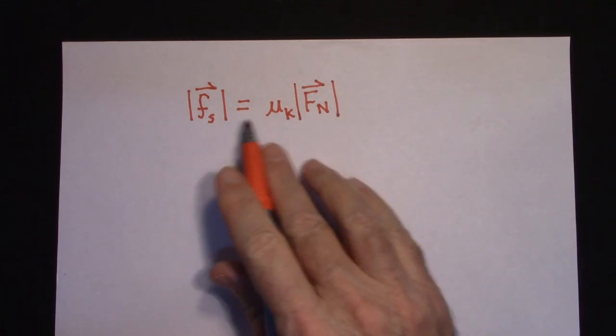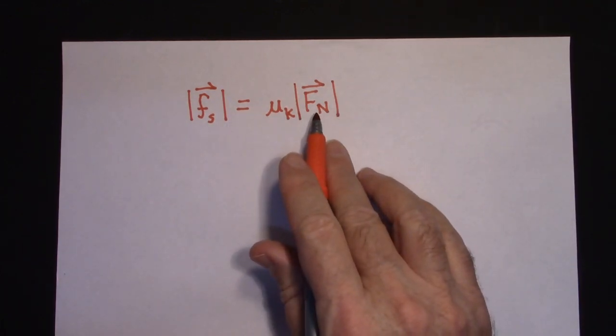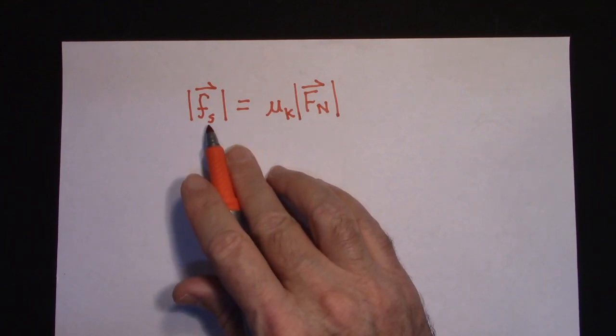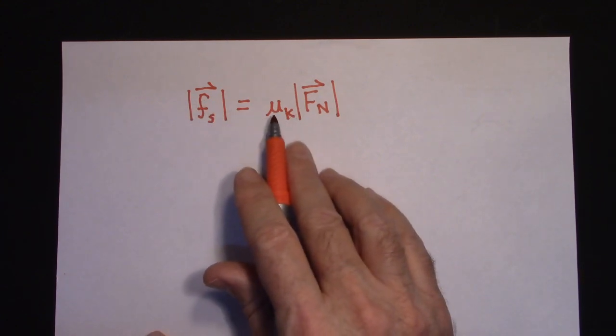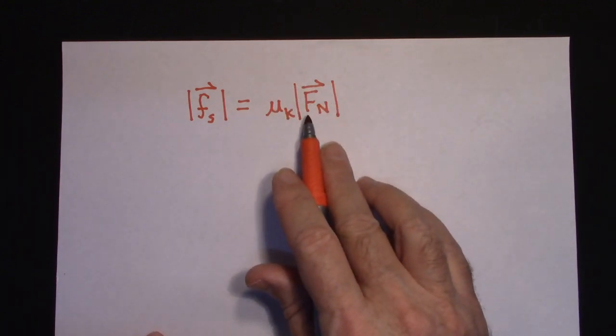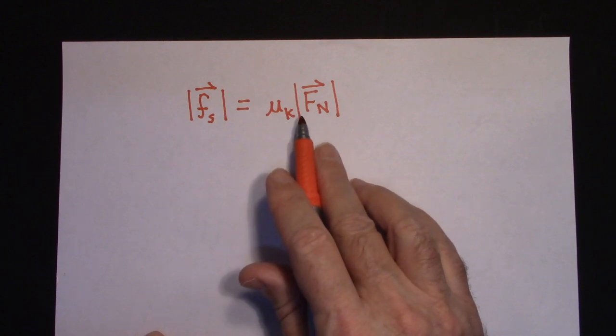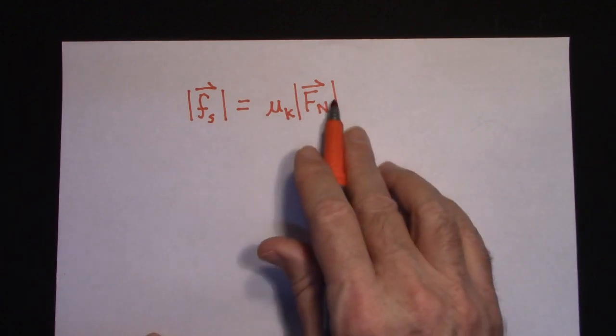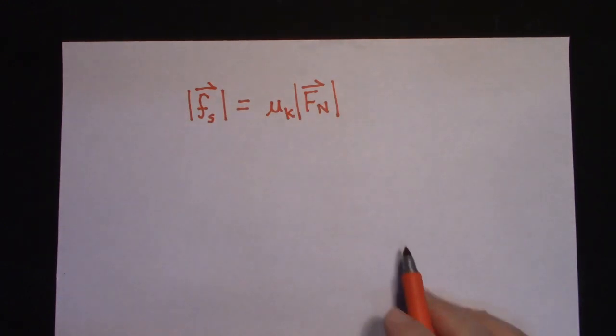This direction of the normal force is not the direction of the force of friction. If you just multiply a scalar quantity times a vector quantity, you get a vector, and it's in the same direction, unless you state it like this.